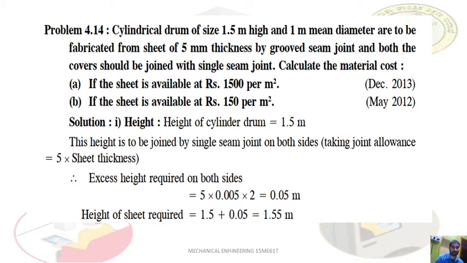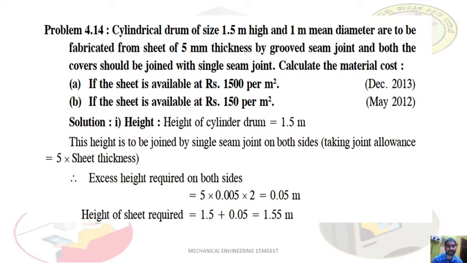How it is, I will tell you. The height to be joined by single seam joint on both sides, the height of 1.5 meter, is to be joined by a single seam joint on both sides, taking allowance 5 into sheet thickness.